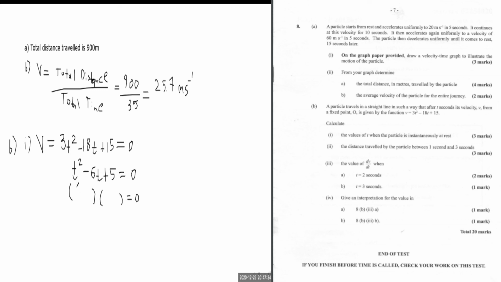This is t, this is t, this is 5, this is 1. The signs are the same, both of them negative. So t is equal to 1 or t is equal to 5. That's when the velocity is instantaneously at rest.